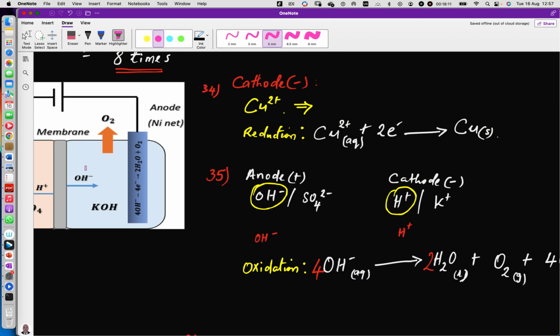When copper sulfate is dissolved in water, it dissolves in solution. We will have the copper ion and the sulfate ion, SO4 2-. Now the copper 2+ will go to the negative electrode, which is the cathode.